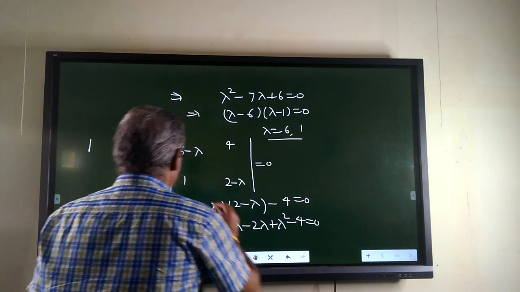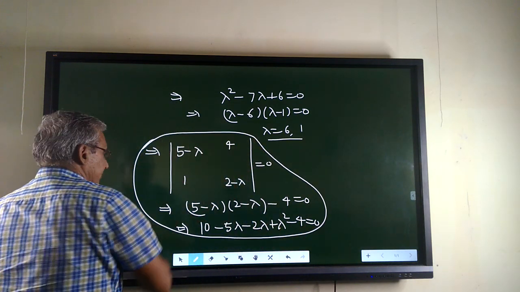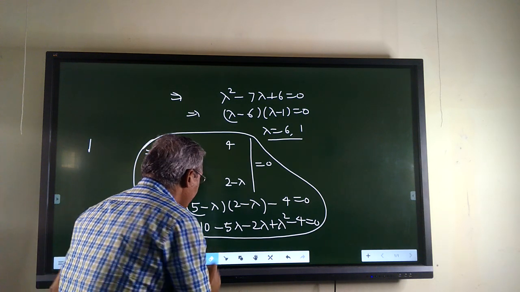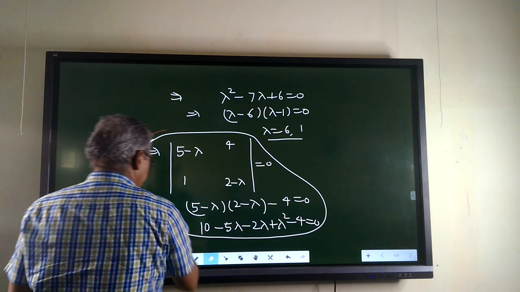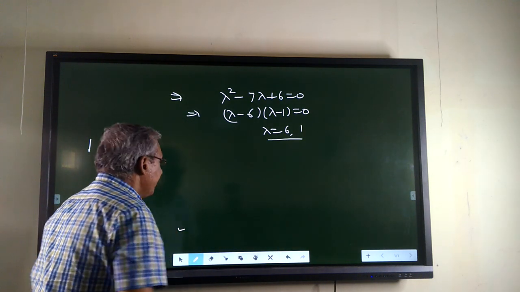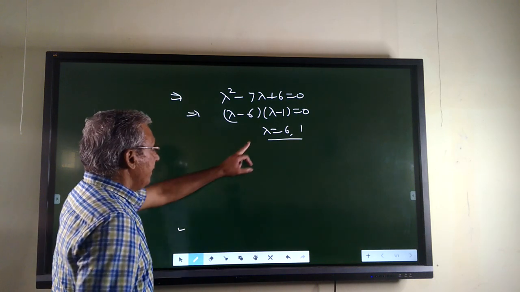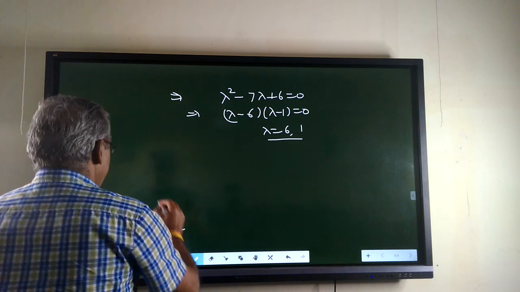Now we find the required corresponding eigenvectors. First of all, we find the eigenvector corresponding to the eigenvalue lambda equal to 6.